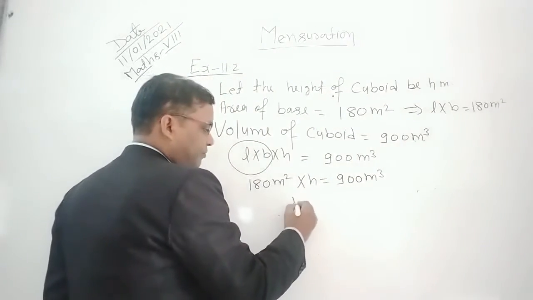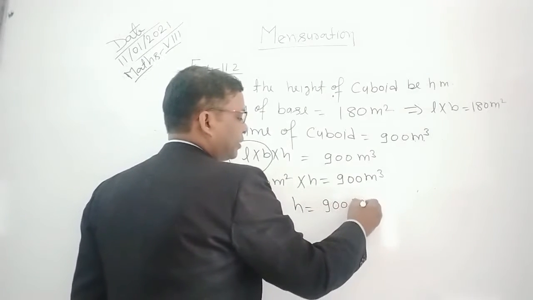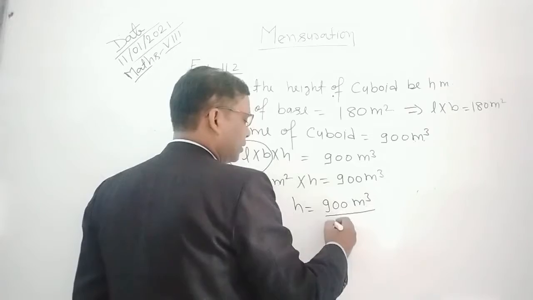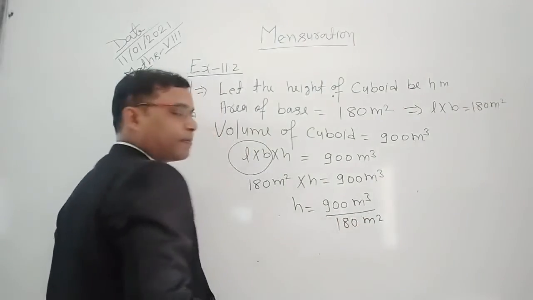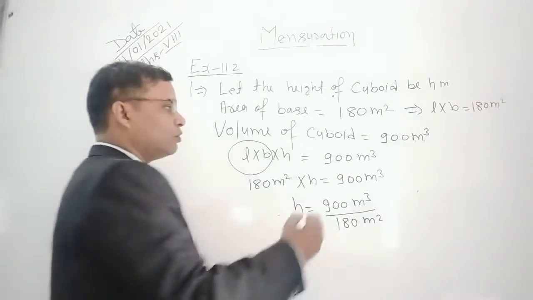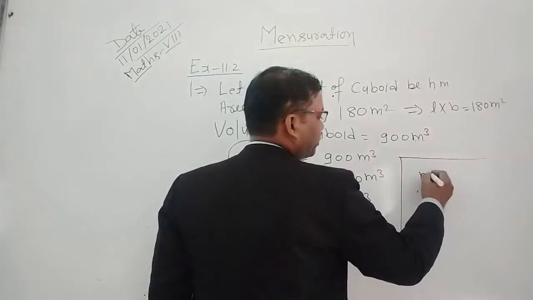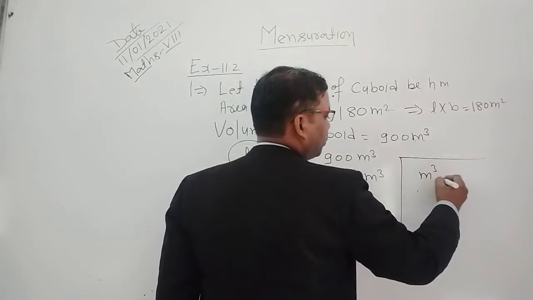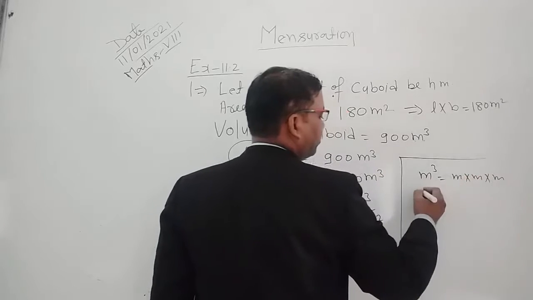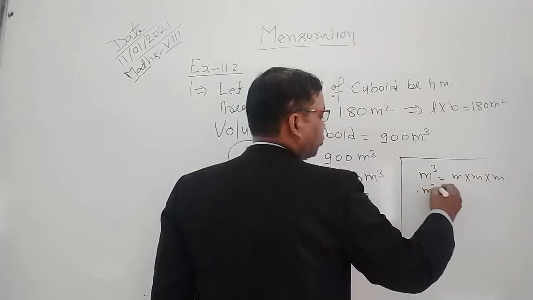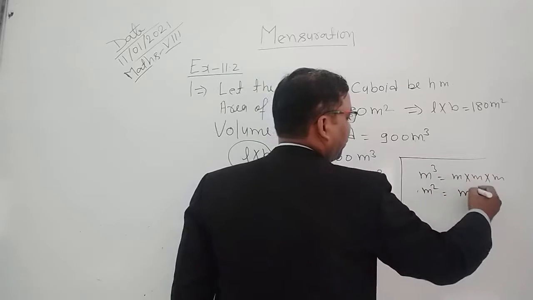Or you can write H is equal to 900 meter cube by 180 meter square. Student, I hope all of you know that m cube is equal to m into m into m, and m square is equal to m into m.